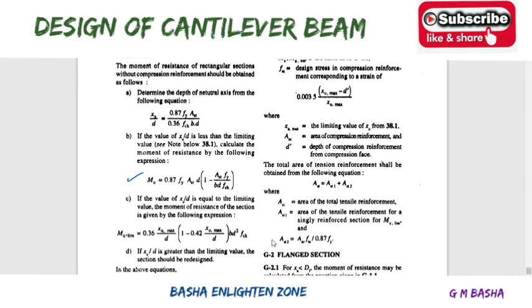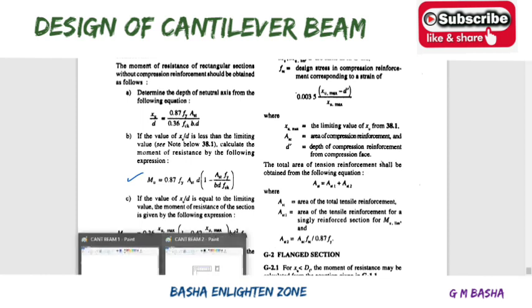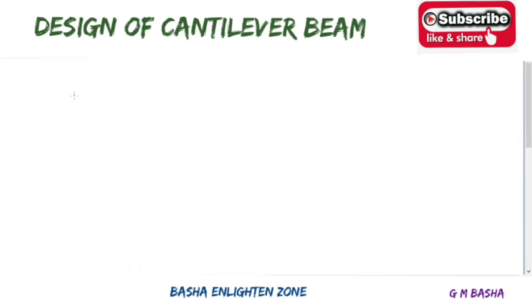This is the singly reinforced section, meaning we are providing the reinforcement in the tension zone only with this formula. So take down the formula as it is, for providing tension reinforcement.